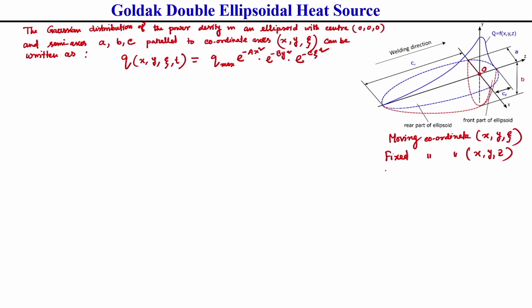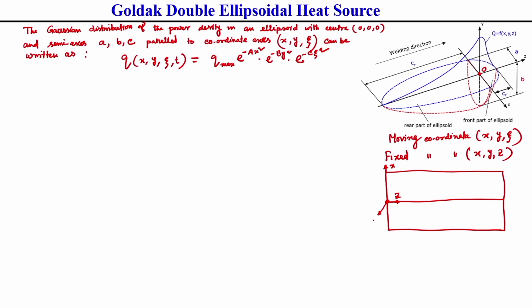So, let us consider this is a weld specimen where welding is carried out. Now the fixed coordinate system you can represent as, let this be your x, this is your z, and through thickness this is your y.